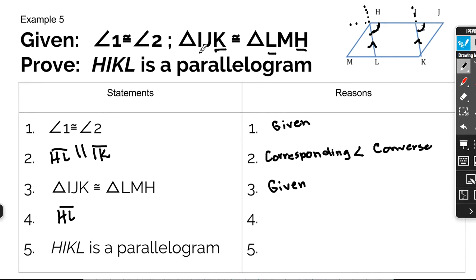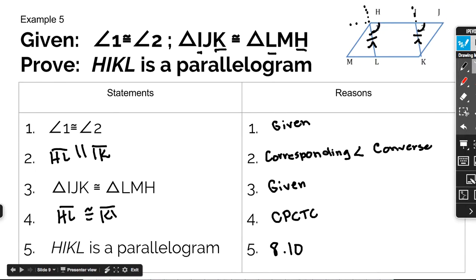So last to first, KI, and I'm going to say that those are congruent. And the reason I can do that is because of those congruent triangles. So now that I have parallel lines that are also congruent, that leads me to theorem 8.10. So that's how we use our previous units to say that we have a quadrilateral that is a parallelogram.